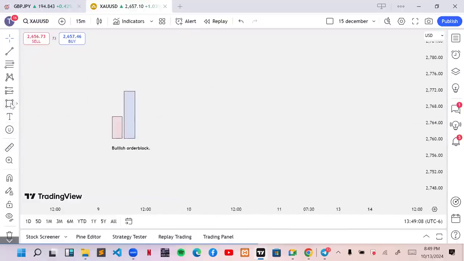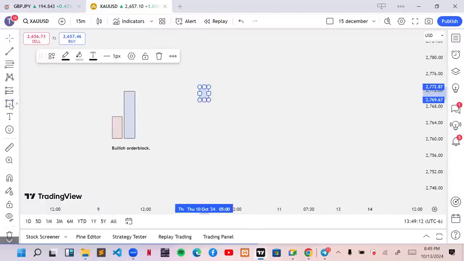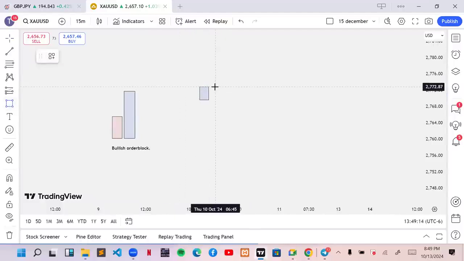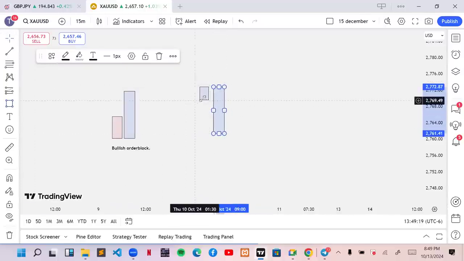And then for a bearish order block, you see a bullish candle, then you see a bearish candle engulf it like this. So this is a bearish order block.